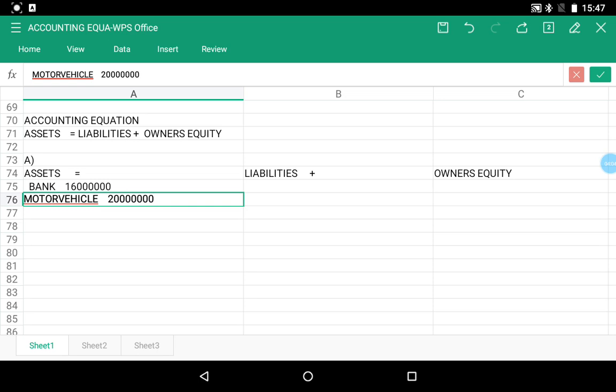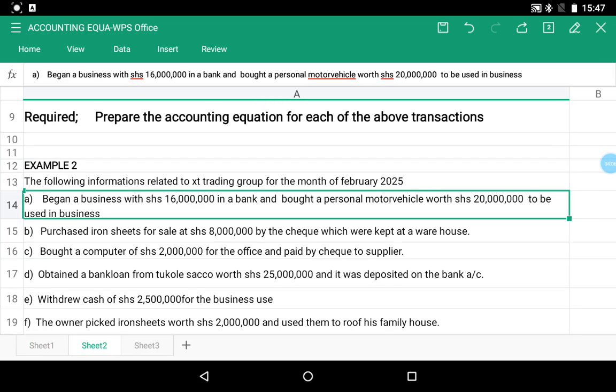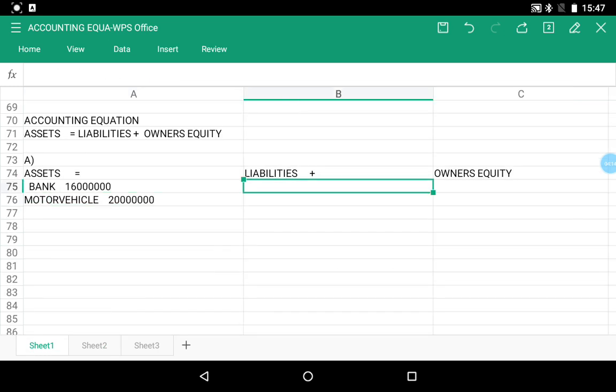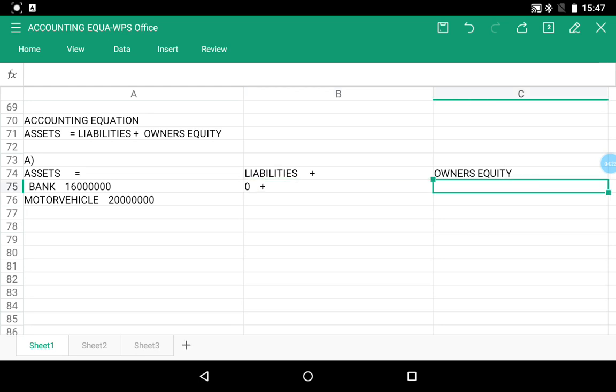And when you check, there are only two transactions at part A. So we are going to go under liabilities. We don't have any liabilities, so we shall have 0 plus, under owner's equity.